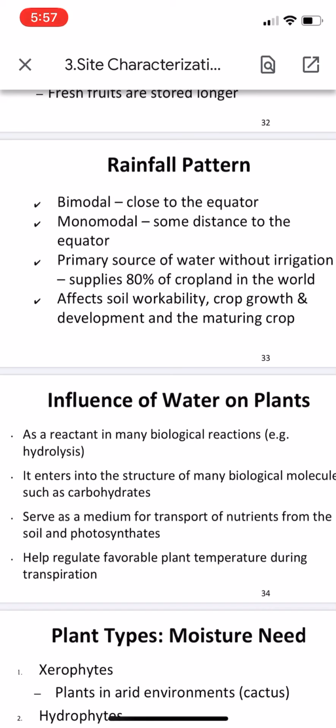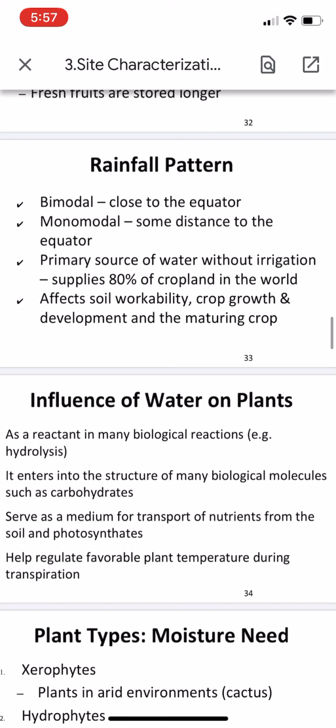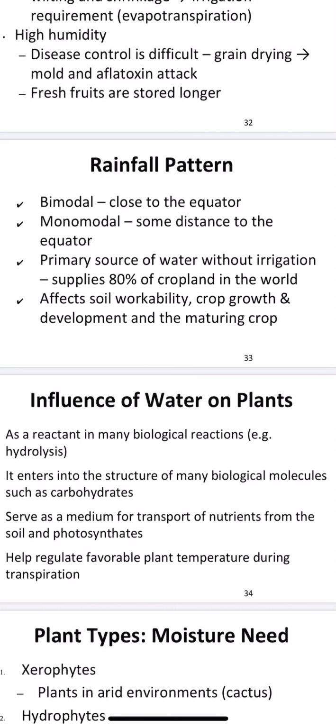And farther from the equator, north and south, have a monomodal rainfall pattern. So the primary source of water without irrigation supplies 80% of the cropland in the world. So mostly it is rain-fed in the whole world, 80% of the world's cropland, especially here in the Philippines.